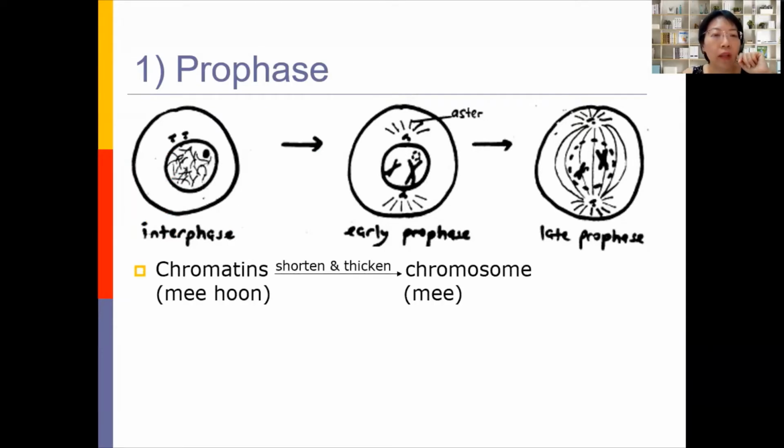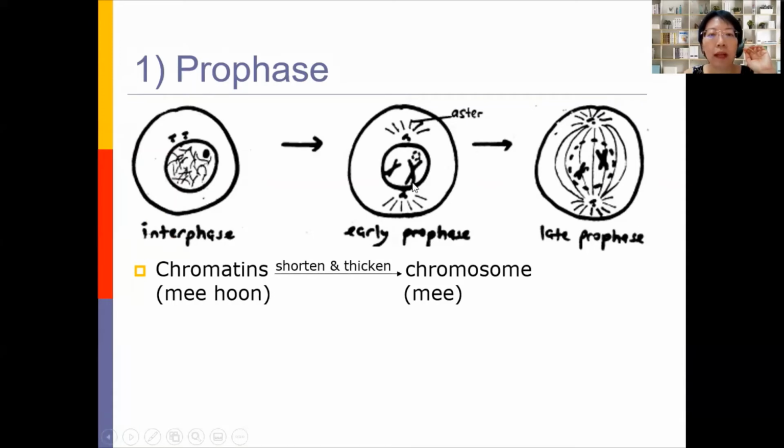During interphase, you can see that the DNA is very loose, loosely coiled around the histone protein. It's a thin, loose thread-like structure, chromatin. So it's like mihun. During prophase, the chromatin will shorten and thicken by coiling, loop coiling, and then it will form the chromosome.